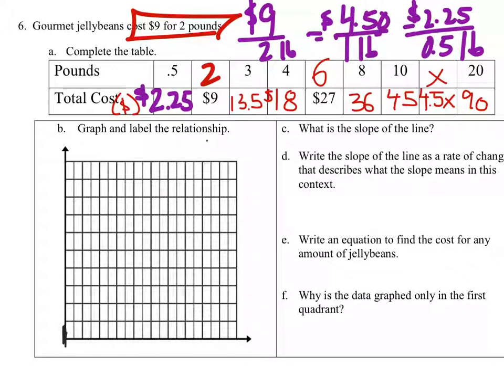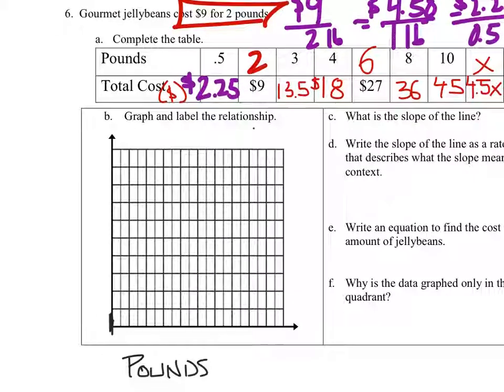Well, as it turns out, you have to get the number of pounds, which will determine the cost. What this means is that the cost will depend on how many pounds of jelly beans. So the pounds is independent. And then the cost, of course, will depend on the pounds.